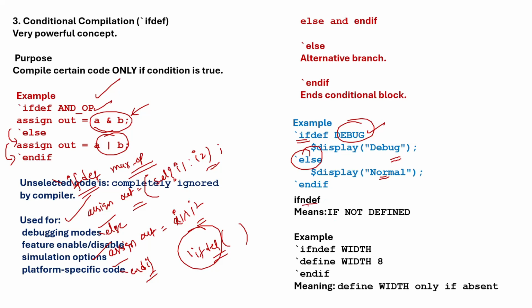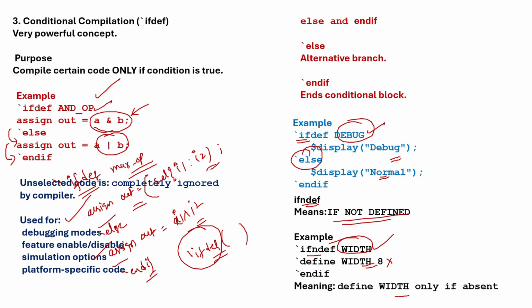So tick undef means not defined. See, tick define, tick ifndef, and tick if not defined with width. Whatever defined statement you are considering, this width will be absent.